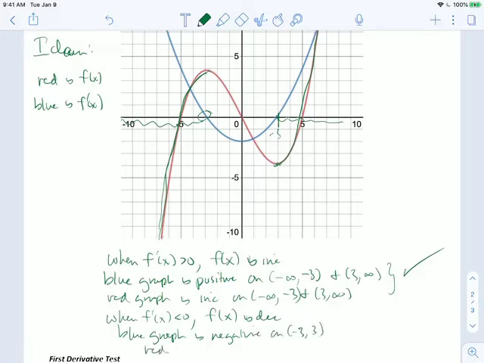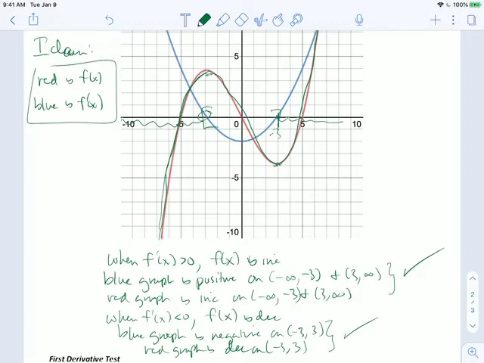And the red graph is decreasing on -3 to 3. So again, between here and here, the red graph is going down as I read left to right. So again, these two things convince me that indeed this is the case. So I'm giving some justification for that.